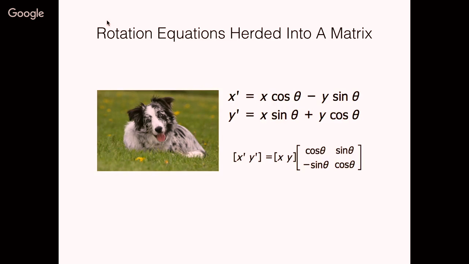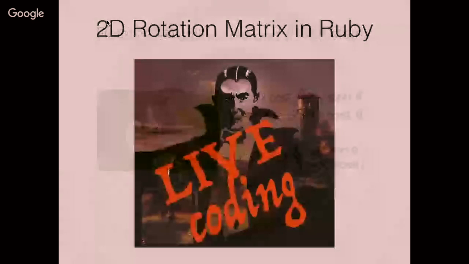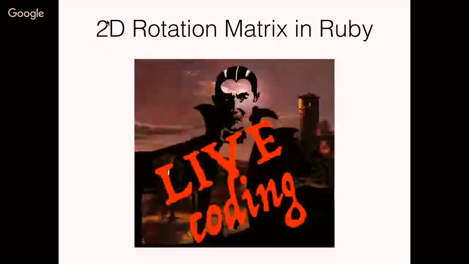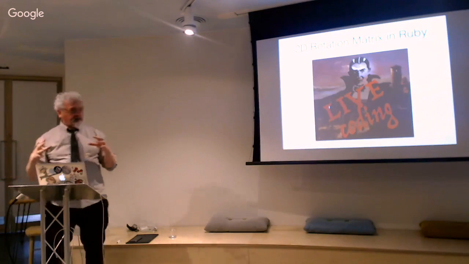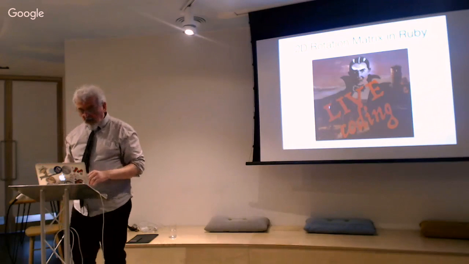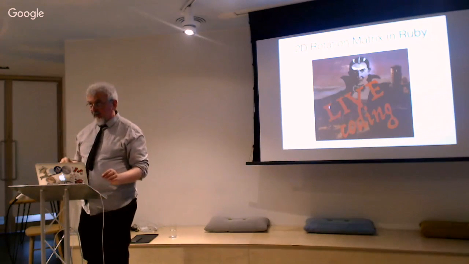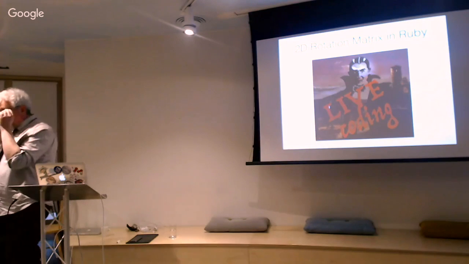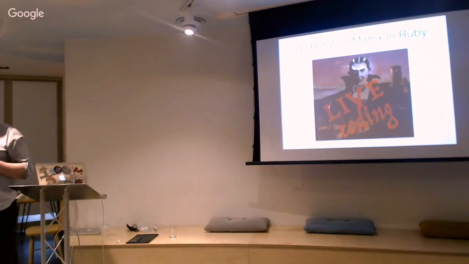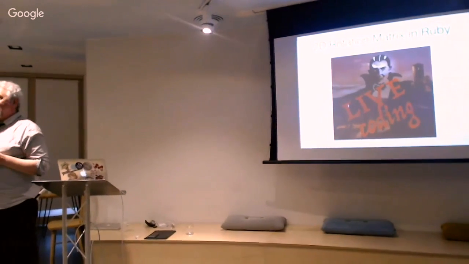The great thing about having matrices is, oh, we'll do the live coding now. It'll be fun. The great thing about doing matrices is that you can do magical things when you put them together. I thought I'd do some live coding because why not? It seems to be in fashion this year, and I was hunting around for the right language to do a little bit of 3D live coding in.